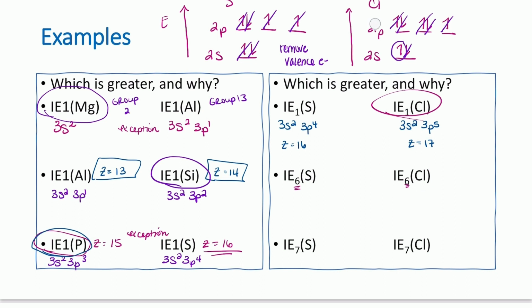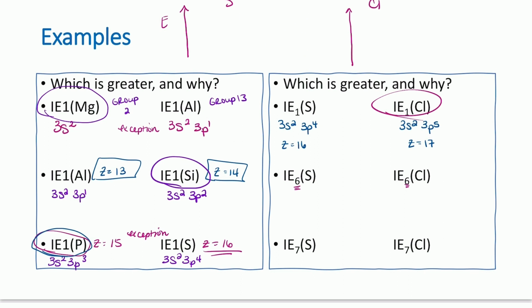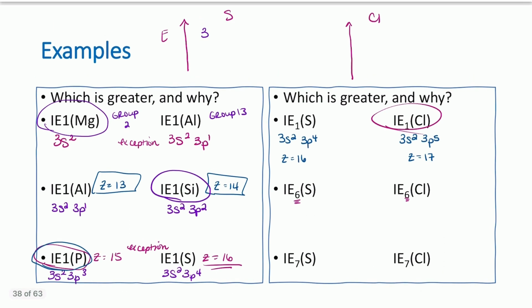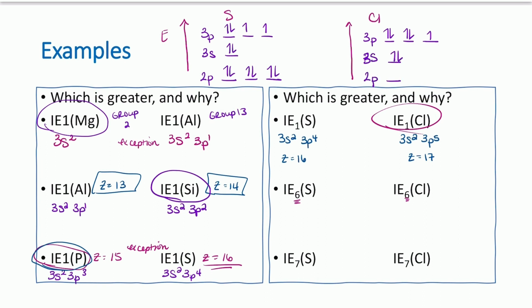Let me do that a slightly different way and actually erase it so you guys can see what I mean. For sulfur, we've got 3 P's at the top. 3 S. And then under here we have your 2P that are completely full as well. Chlorine, your 3P, your 3S, your 2P.